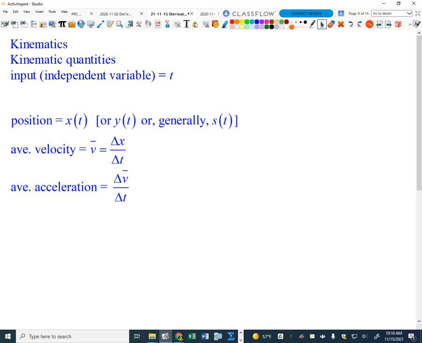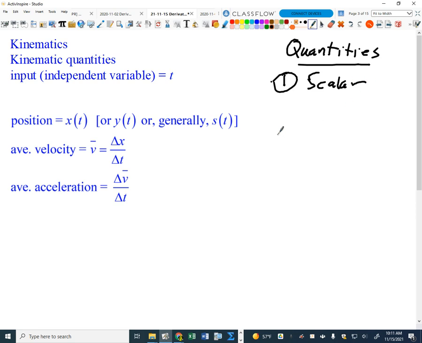Okay? Let's talk for just a second about what kind of quantities these are. So we've got two kinds of quantities in math and physics that we like to talk about a lot. We've got scalars, a scalar quantity, and vector quantities.